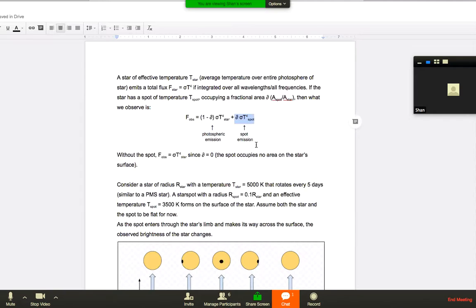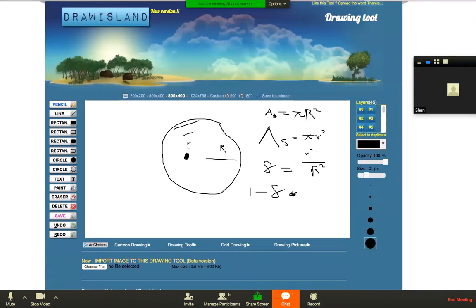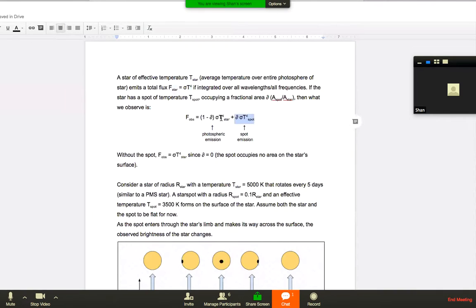So we have two different fluxes in play, one from the star and one from the spot. Do you guys get that? Not all of the star is generating its own flux. Only the part of the star that's not covered by the spot will be generating the flux that's proportional to the star's temperature, and then there's also the spot that's generating its own flux, proportional to the temperature of the spot.